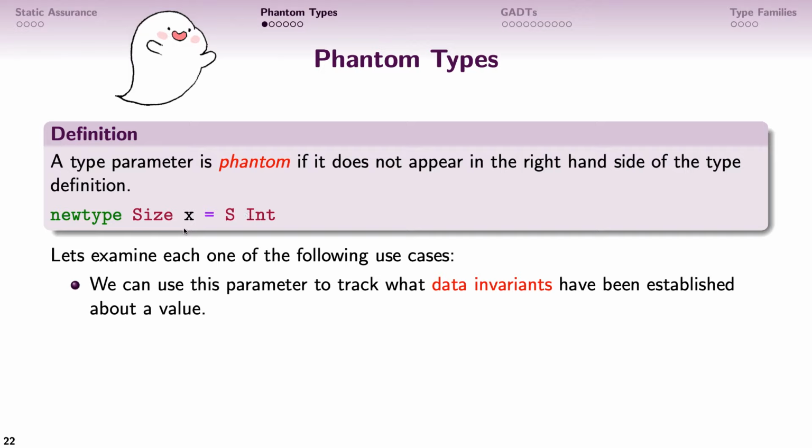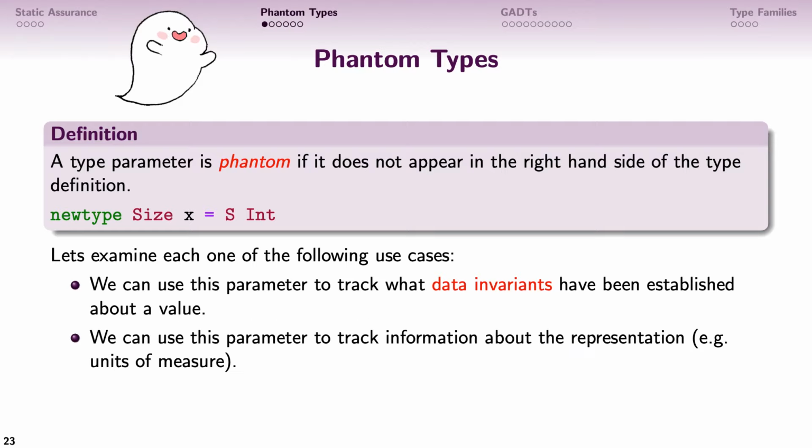But then I can attach extra information on the type level to make 7 have some additional property. So for example, it could be that I've checked that this 7 was a valid input to my form, for example. Or I could attach this information to x that says this 7 is in meters, or it is in milliliters, or something like that.